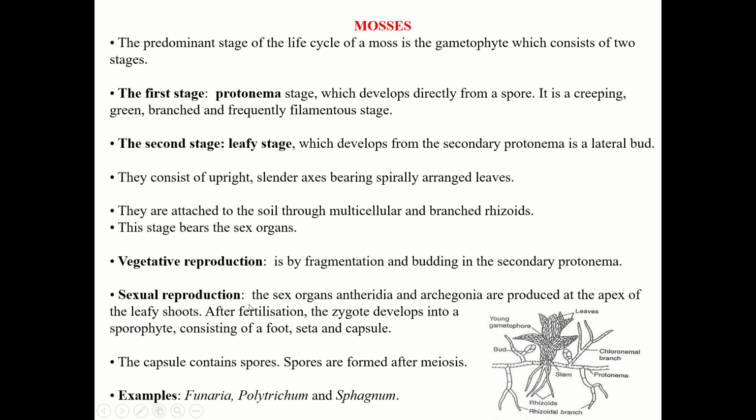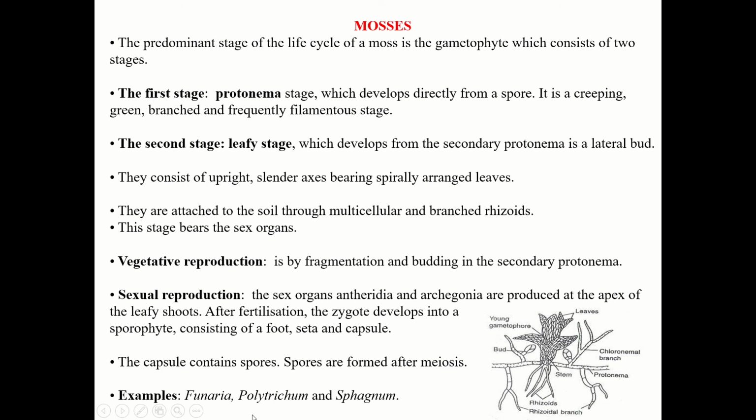In sexual reproduction, the sex organs, antheridia and archegonia, are produced at the apex of the leafy shoots. After fertilization, the zygote develops into a sporophyte consisting of foot, seta and capsule. The capsule contains spores. Spores are formed after meiosis.